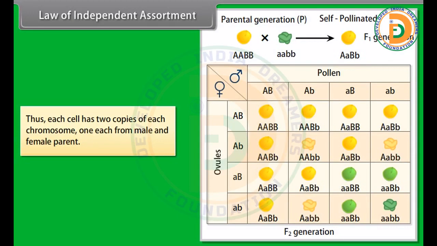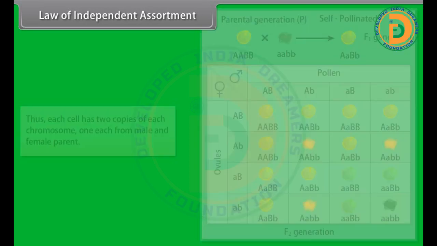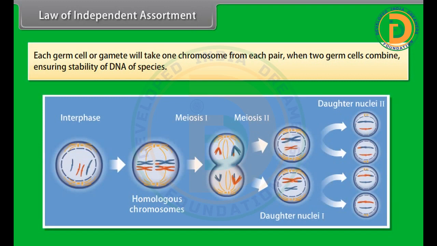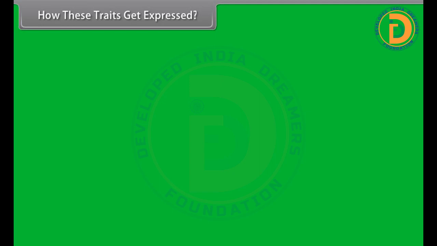Thus, each cell has two copies of each chromosome, one each from the male and female parent. Each germ cell or gamete will take one chromosome from each pair. When two germ cells combine, this ensures stability of the DNA of the species. How do these traits get expressed?